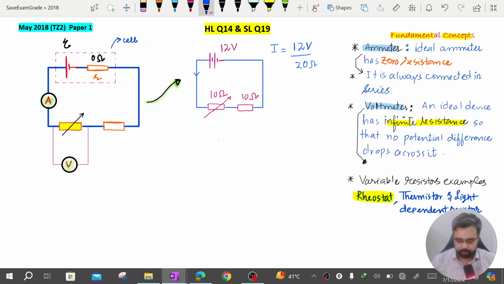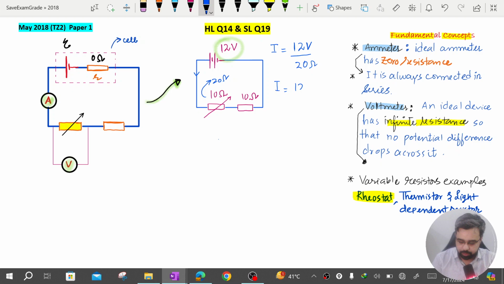So this is the current. But imagine if we increase the variable resistance from 10 to 20 ohm, now what will happen? The current will be equal to, this EMF is not going to change. We have not changed the EMF, it will remain the same. Only the resistance, the net opposition in the flow of the current, has increased.